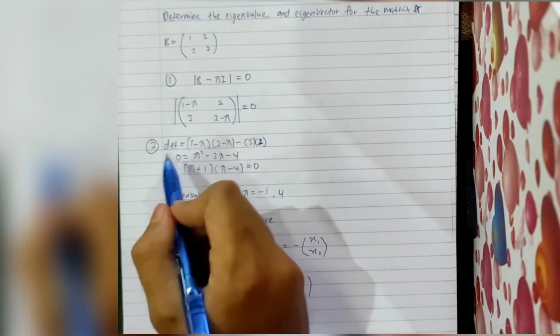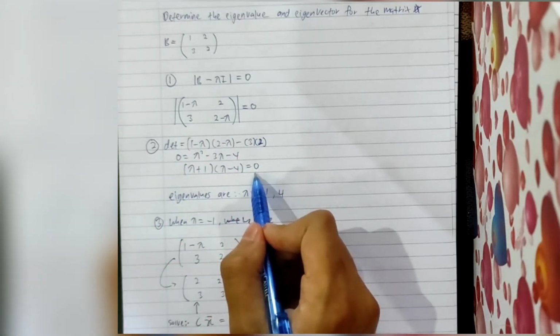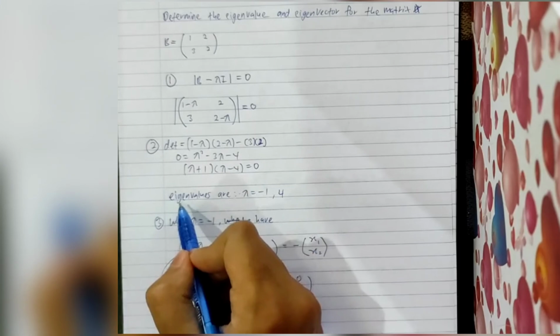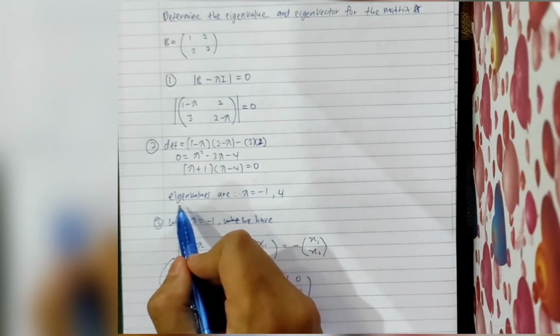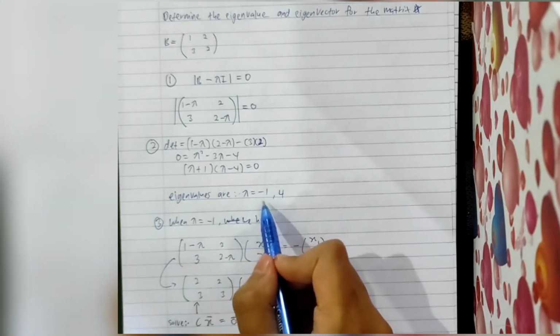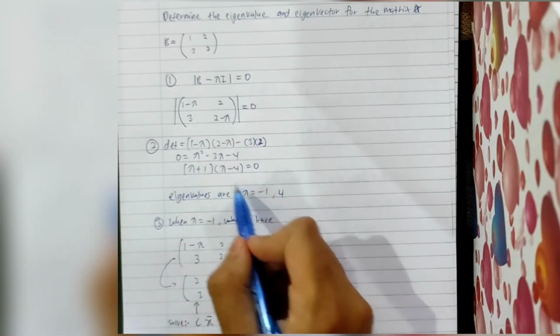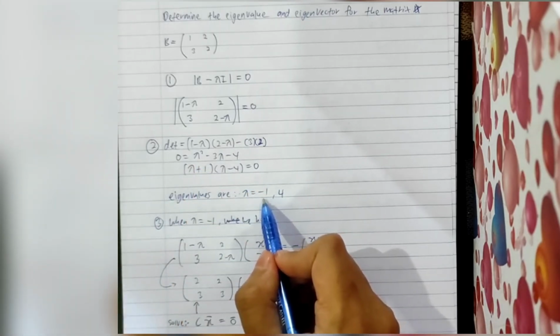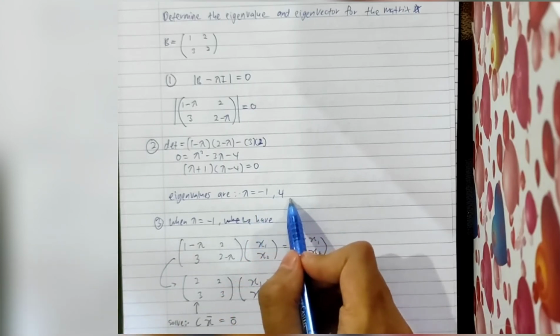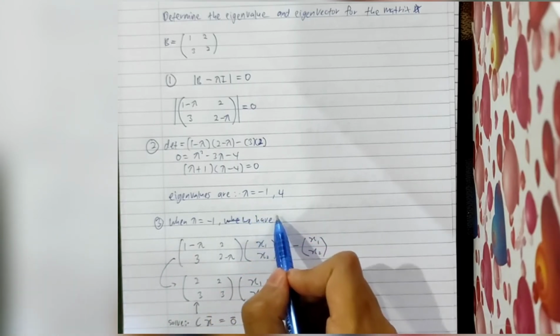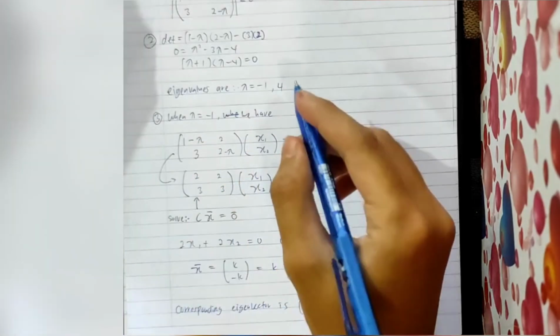It's a quadratic, so we need to solve it. Once you find the values of lambda, then we will have the eigenvalues. In a quadratic equation, we will find there are 2 factors.